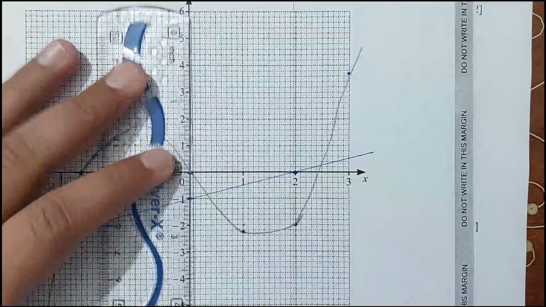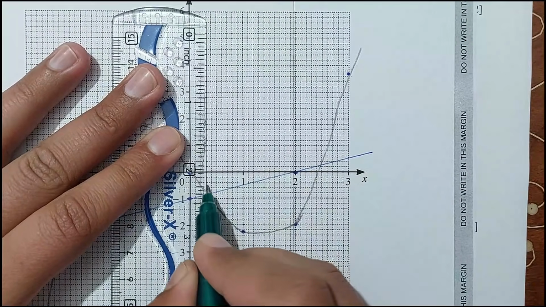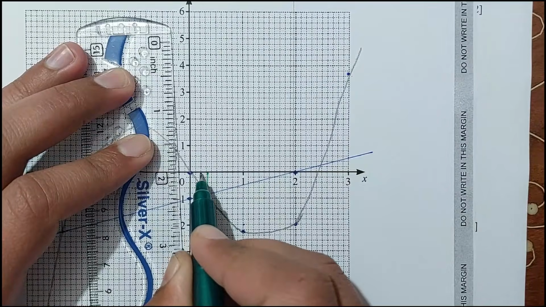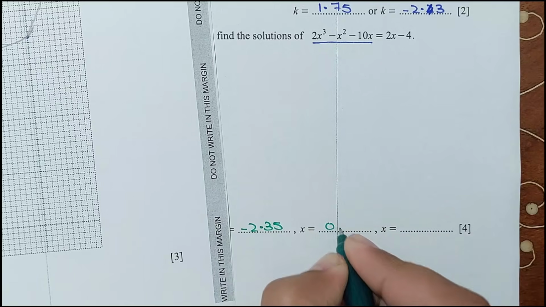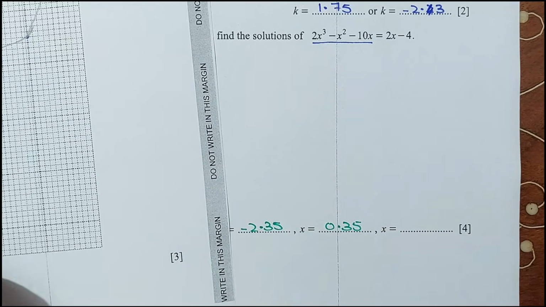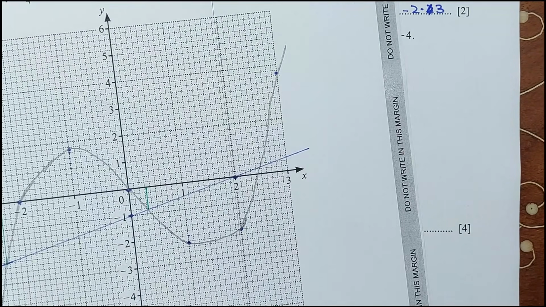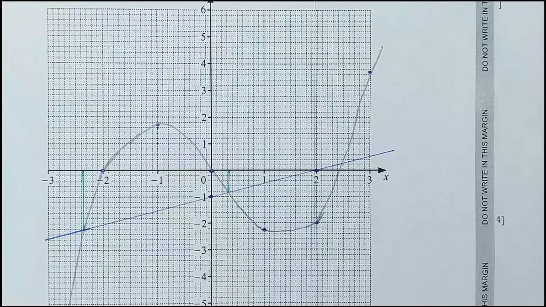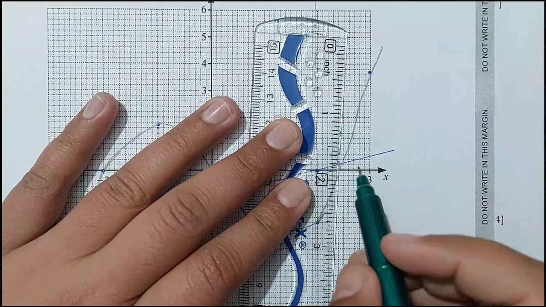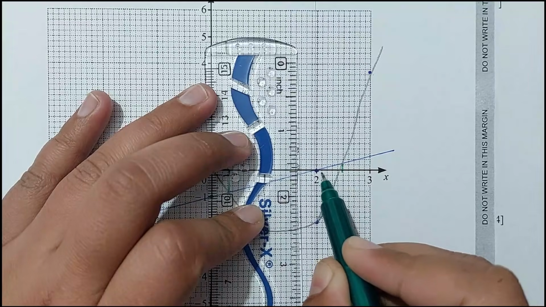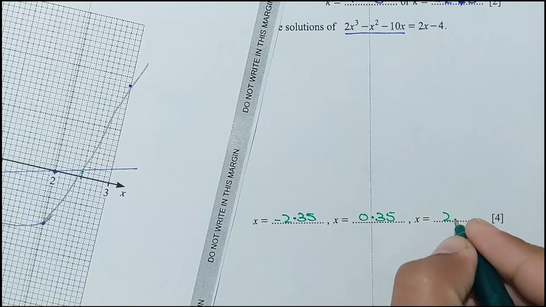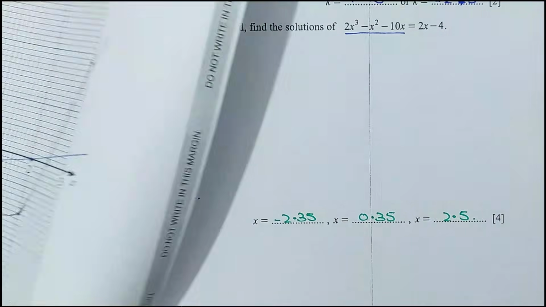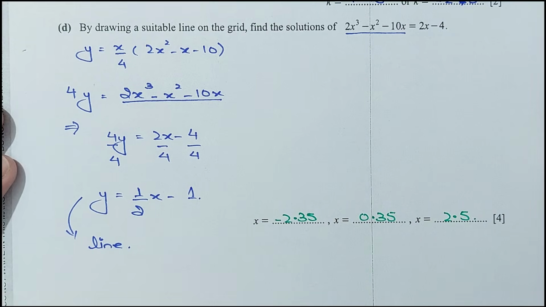Okay, at this point, 0.35. And the last one, you can say this point, 2.5. So these are the three solutions where the line cuts the graph.